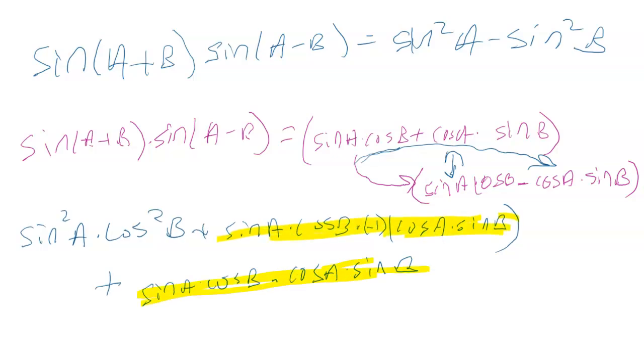They're actually opposite because one of them has a negative 1 on it, and so they will cancel out. They'll go away. All right, and then finally, last times last, we'll get negative cosine squared A times sine squared B.